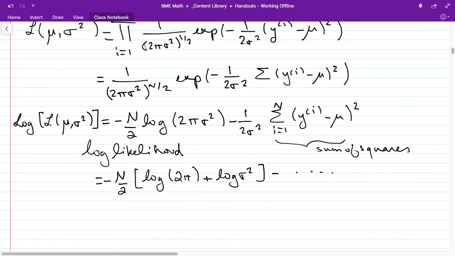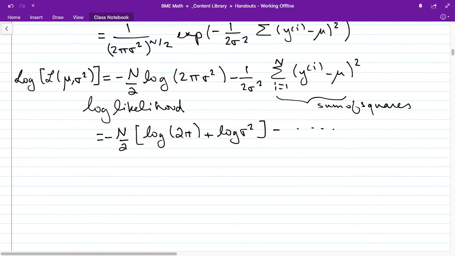So let's continue with our current issue, which is to find the parameters, the mean and the variance, that maximize the likelihood. We take the derivative of our log likelihood with respect to the first parameter, which is the mean of my distribution. So that's this term here. When I take the derivative with respect to mu, on the front I get minus 1 over sigma squared, because this is squared here.